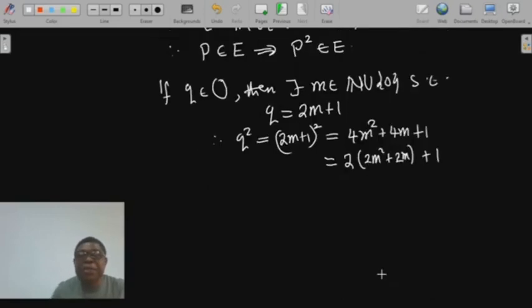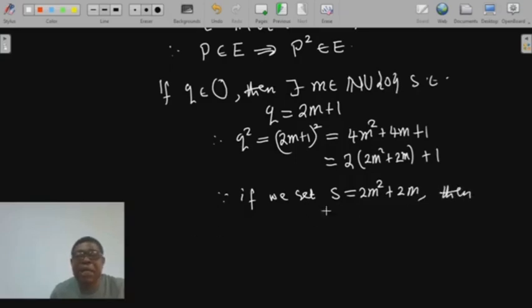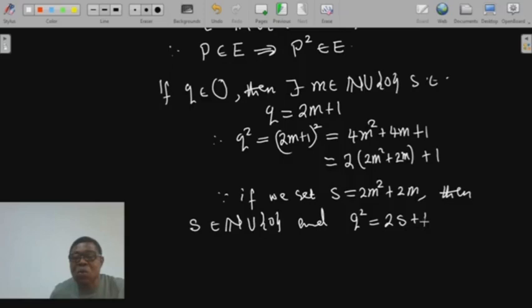Meaning therefore that if we set S equal to 2m squared plus 2m, then S belongs to the set of natural numbers union 0, and Q squared would then be 2S plus 1.